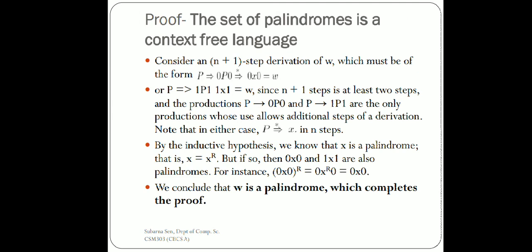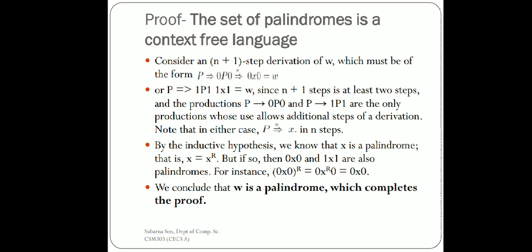So it can follow the n plus 1 step, meaning whenever the length is 2, it should have this number of production rules. When the length is 3, it can have this number of production rules. So the generalized production rule will be: P can start with 0, end with 0, or it can start with 1, end with 1, and P in between.